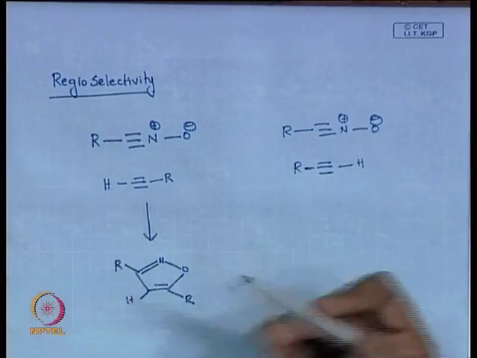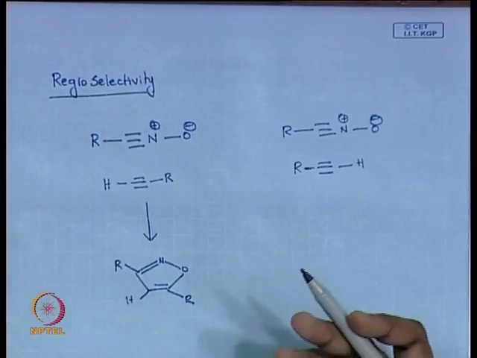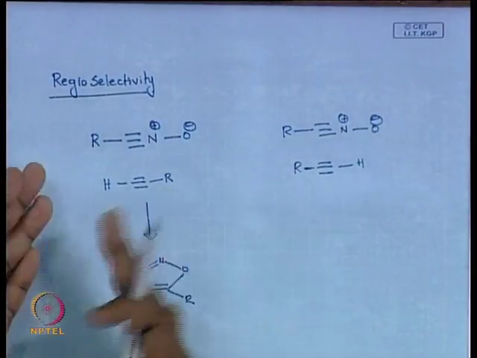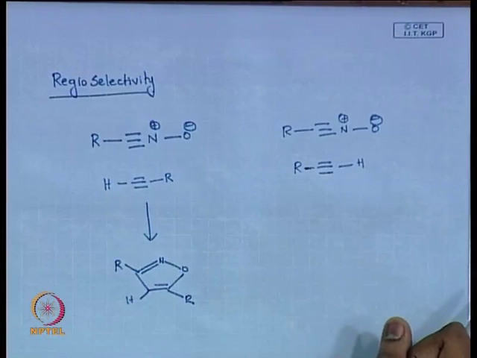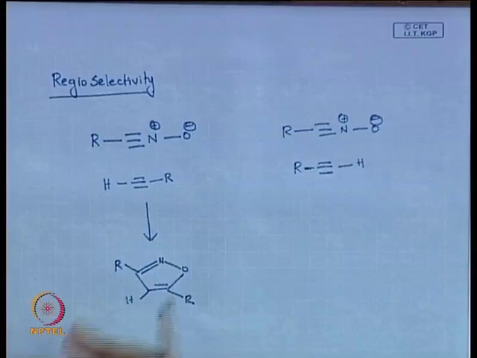So, regioselectivity you can get across. You can see this product forming as major because it wants to align with less steric hindrance, right. So, you can pretty well see some sort of regioselectivity also there.